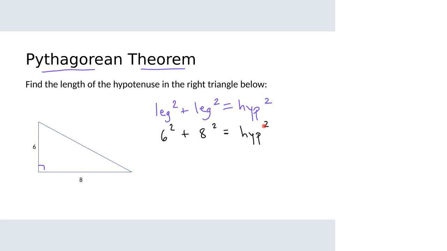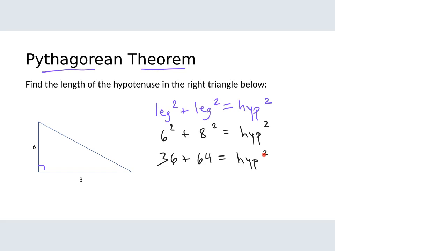I suppose this is a little bit. We do have to remember order of operations. Exponents go before addition. The two operations we have on the left are raising numbers to powers, that's exponents, and addition. Exponents go before addition, so we'll simplify those exponents. 6 squared plus 8 squared is hypotenuse squared.